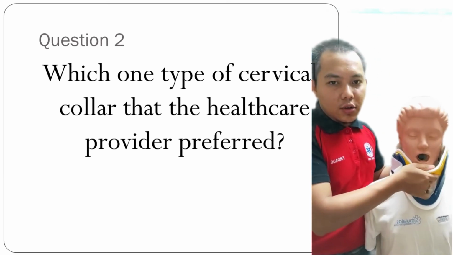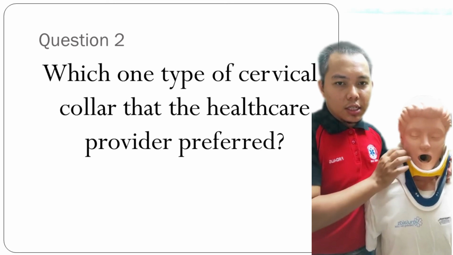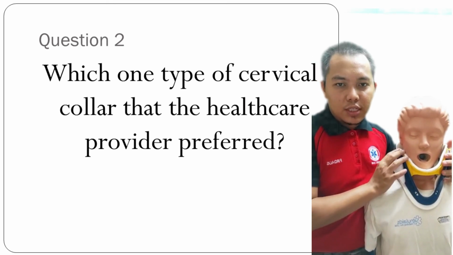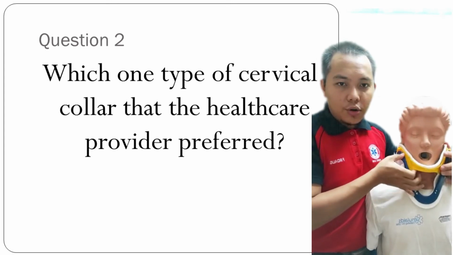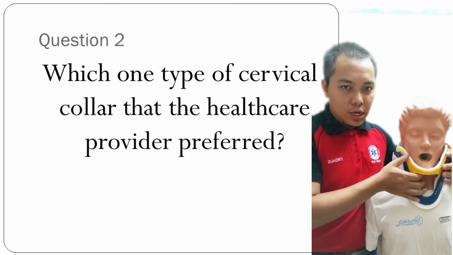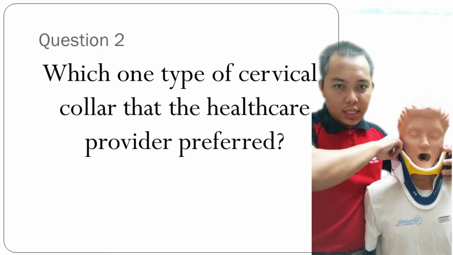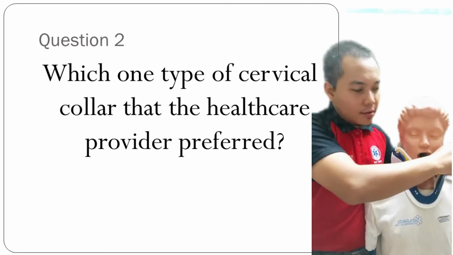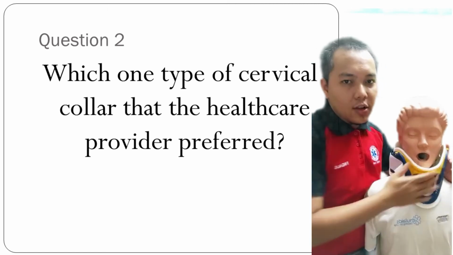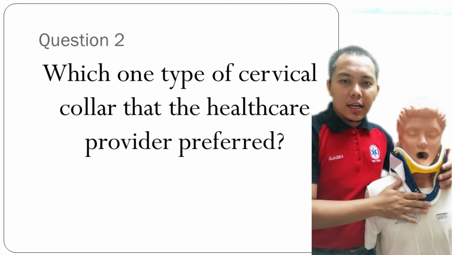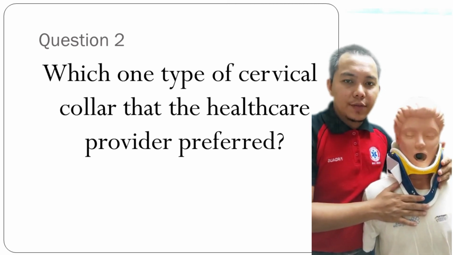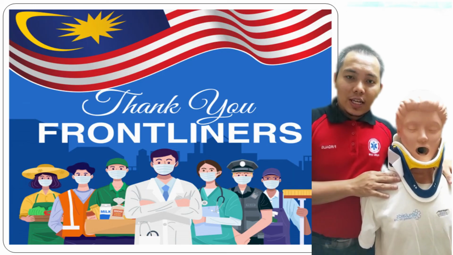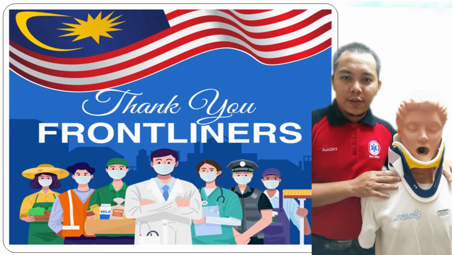Actually we need to adjust it unilaterally, increasing or decreasing the cervical collar, then click this one after it fits. The adjustable cervical collar is more preferred by healthcare providers than the fixed cervical collar. That's all from my video.